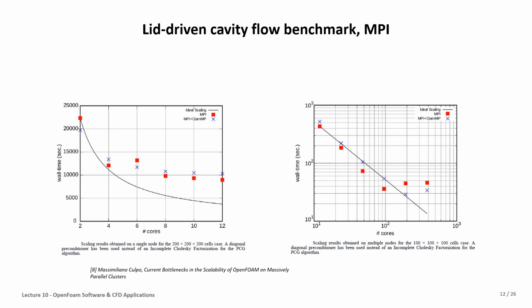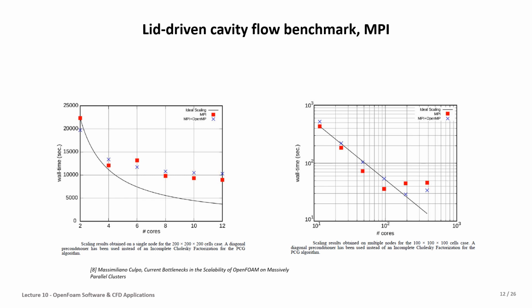Here is an example from the lid-driven cavity flow, which is one of the well-known cases in OpenFOAM, and it presents the difference in speedup with the MPI library. The figure on the left-hand side shows a single node scalability test on 200 times 200 times 200 cell meshes.